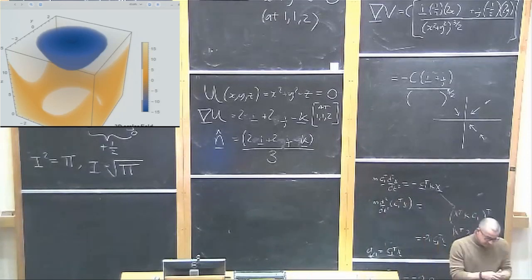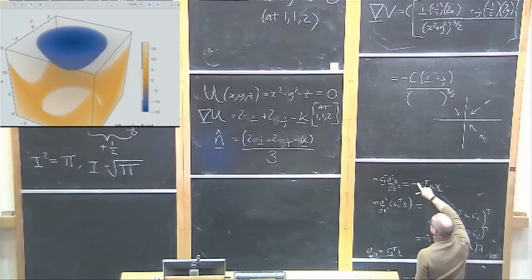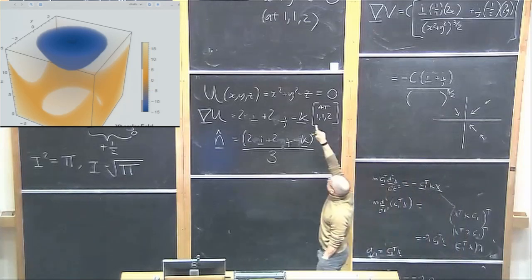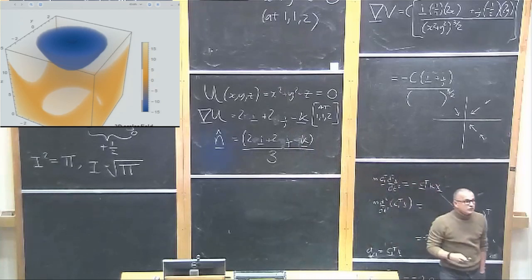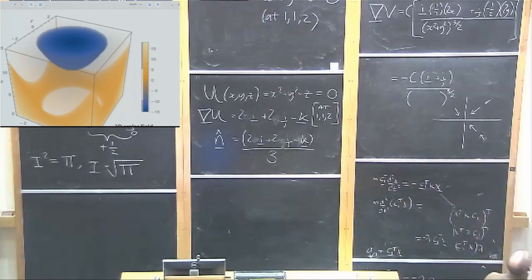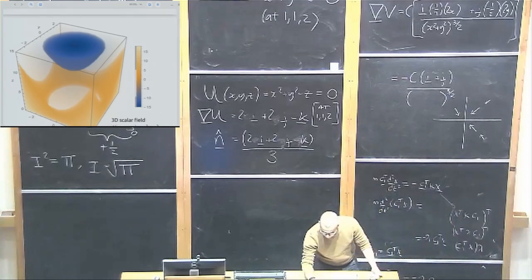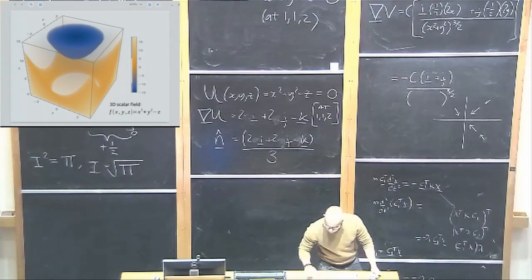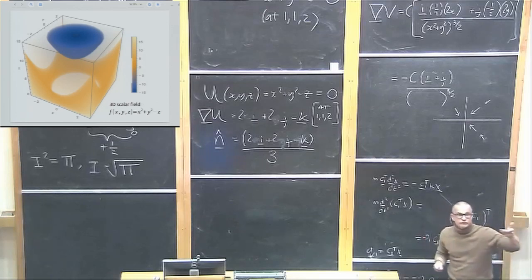So I said that we could consider this to be a scalar field, u(x, y, z), which has the value x squared plus y squared minus z. So what I've plotted here is this scalar field, written as f(x, y, z). The value of the scalar field at a given point is represented by the colour.